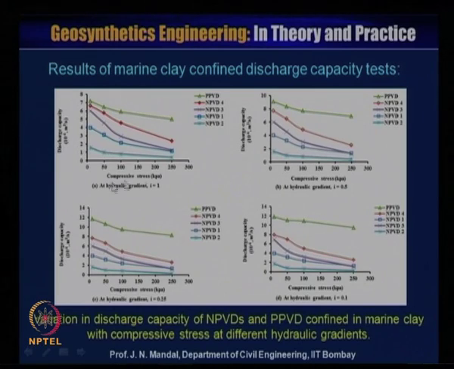This is hydraulic gradient 1, this is for 0.5, this is 0.25 and this is 0.1. You can see how the discharge capacity is decreasing with increasing pressure. Whether it is a natural prefabricated vertical drain or the polyester prefabricated vertical drain, the nature of the curve is the same.